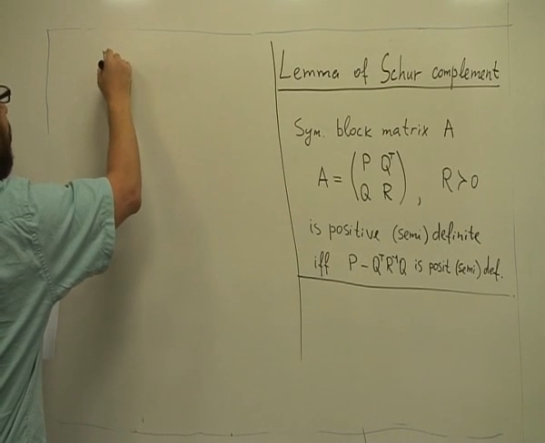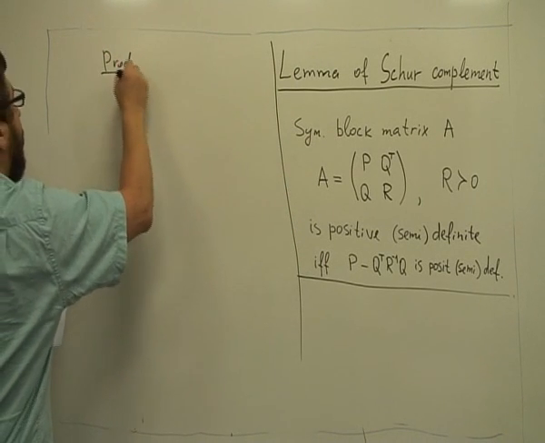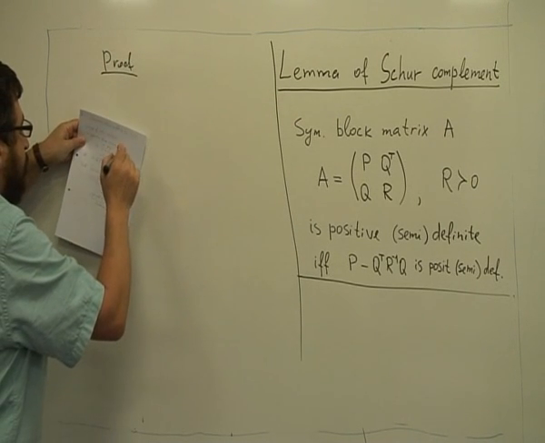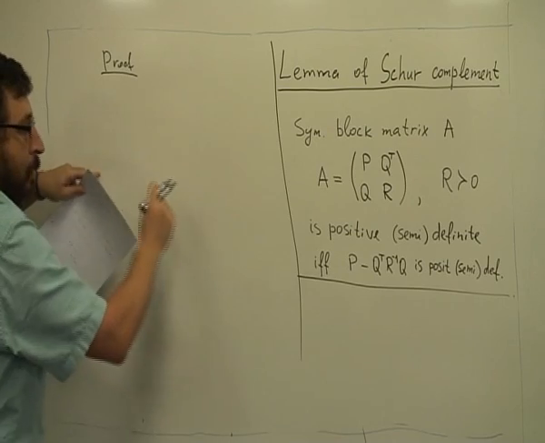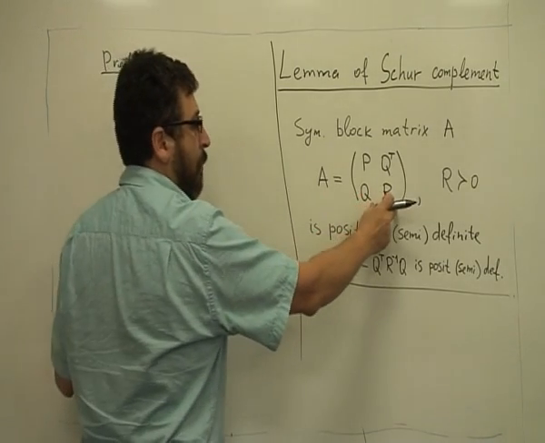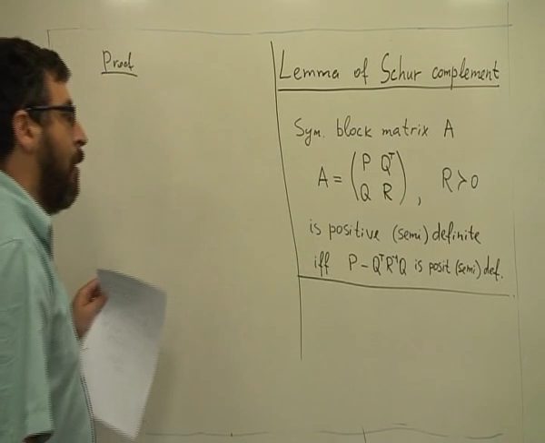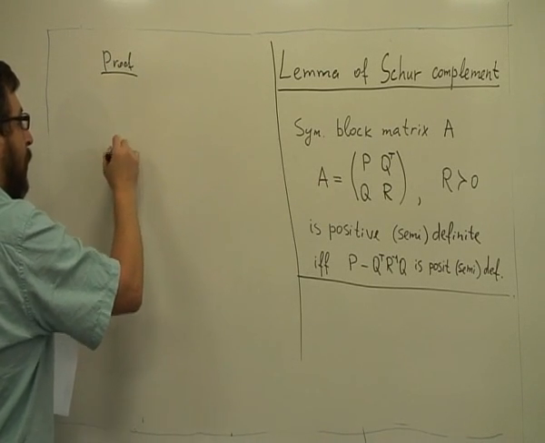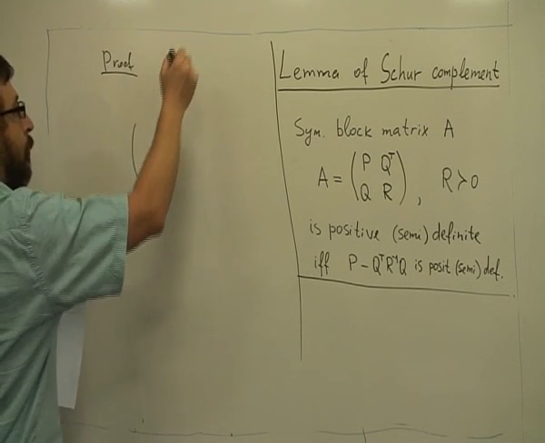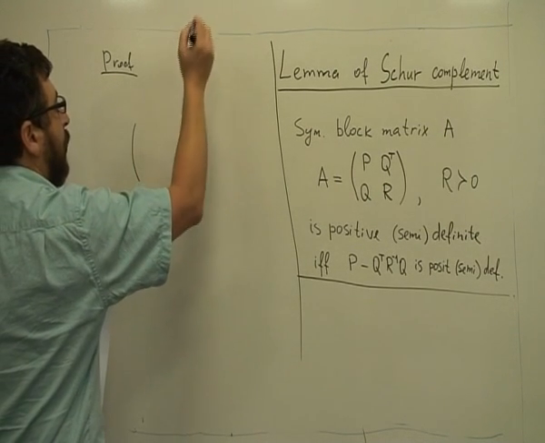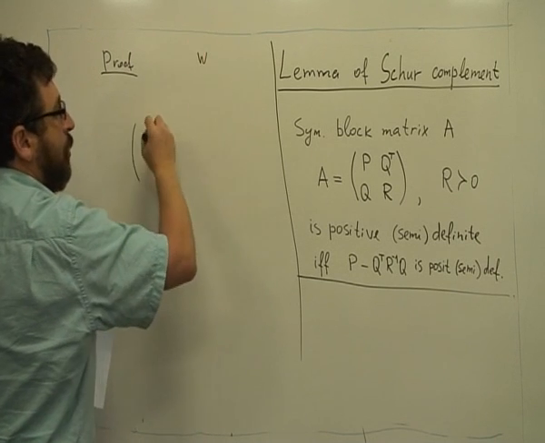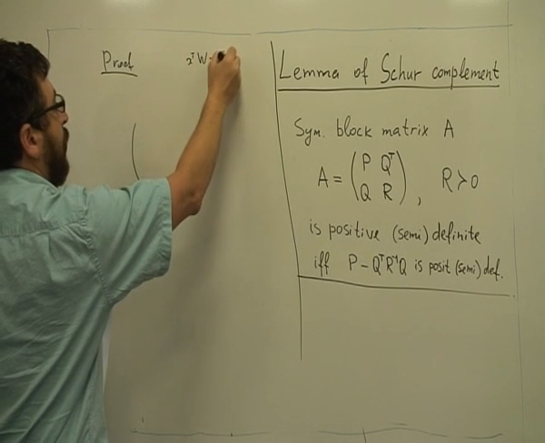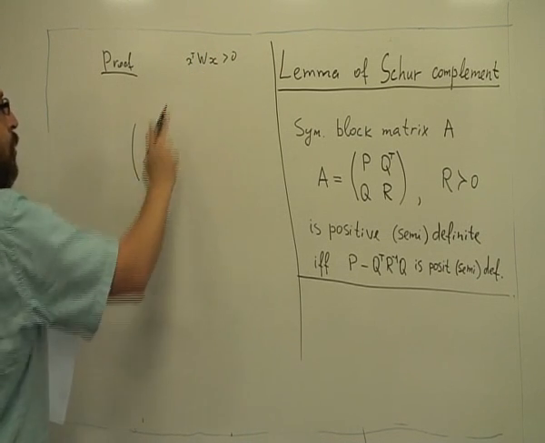Proof. So we want to check whether a matrix is positive definite. How can we check? We can go by definition. For some matrix, I don't know, W, one checks that x transpose Wx should be greater than 0 for any non-zero x.